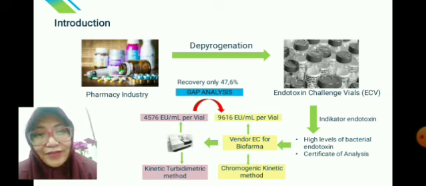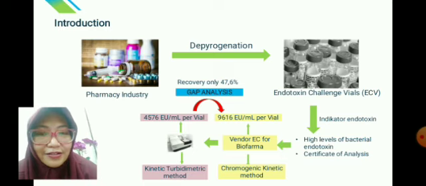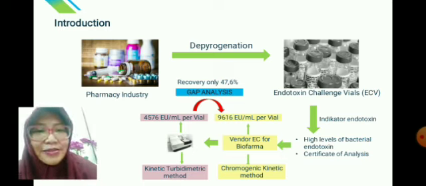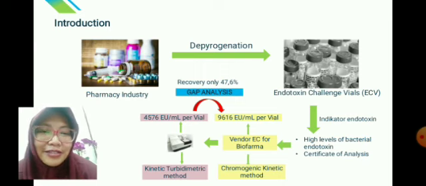As we know, the pharmaceutical industry needs endotoxin challenge vials for their depyrogenation process. That's why, as an indicator of endotoxin, ECV or endotoxin challenge vials contain a high level of bacterial endotoxin.